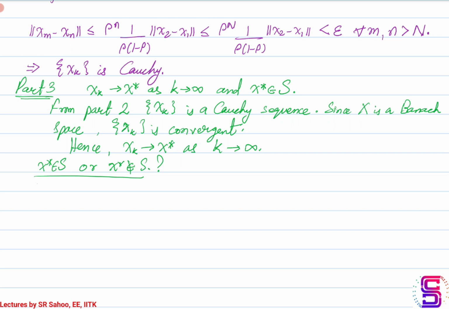Okay, so assume that x star does not belong to S. If x star does not belong to S and the sequence is convergent, that means what?